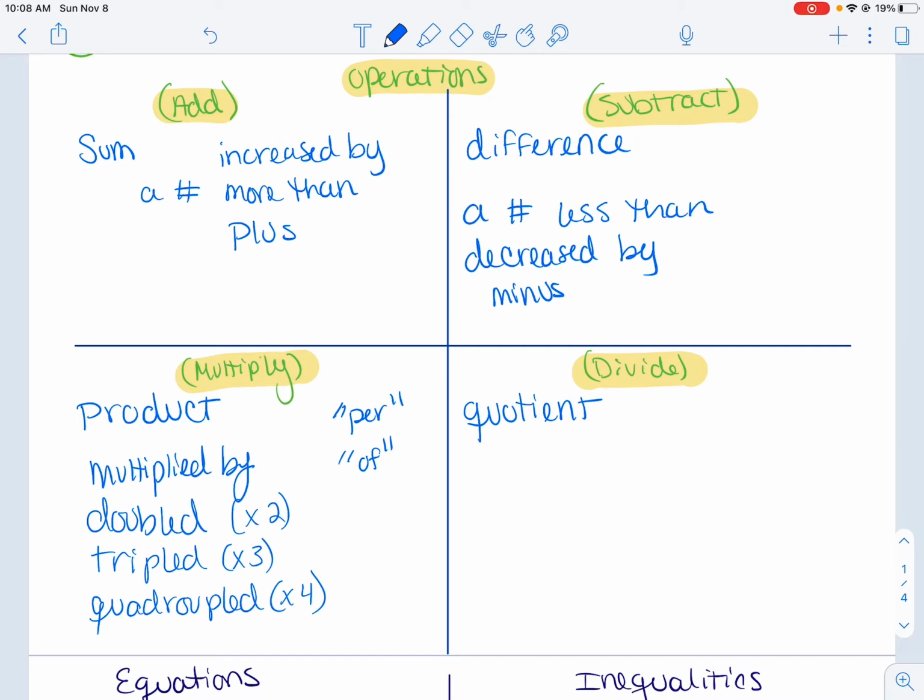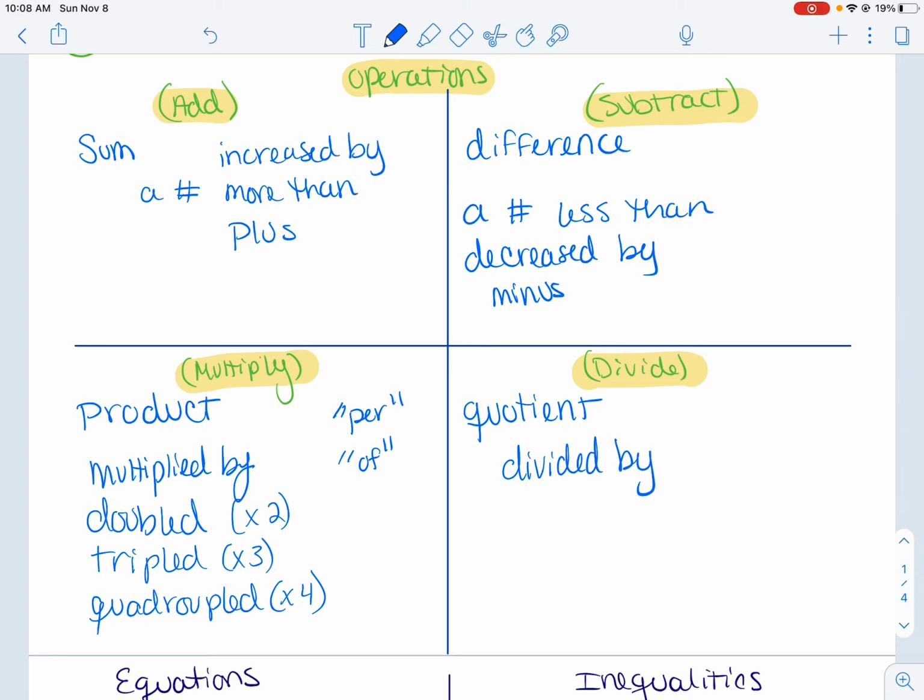Or when we see the word of, you know, I'm trying to think of a quick example. Well, we'll come back to that when my brain is better. But that can also mean multiplication. So then let's talk about division here. So quotient, we could have divided by.